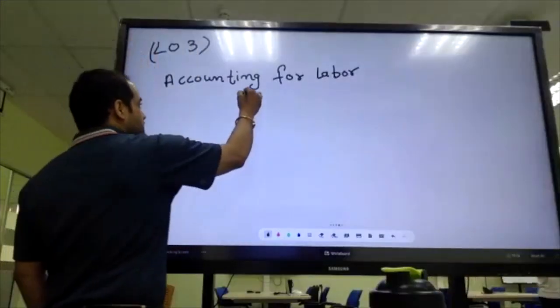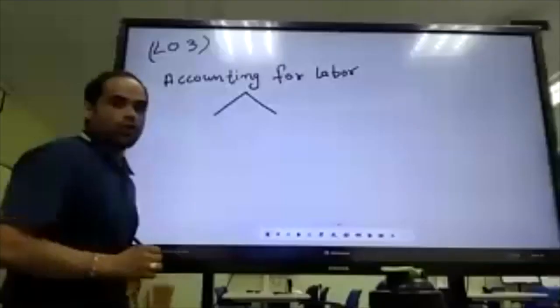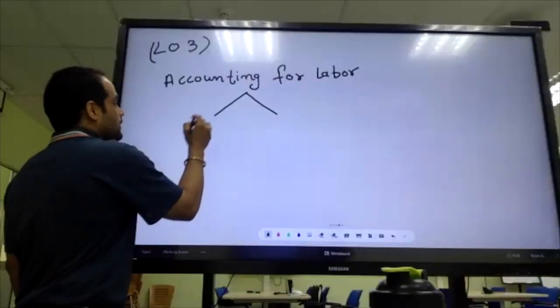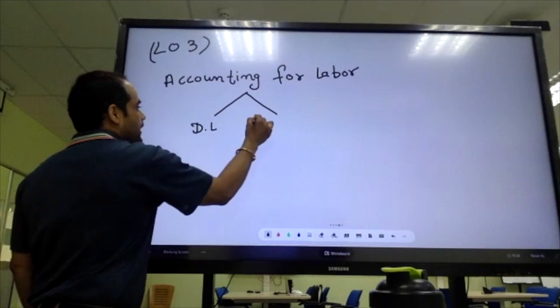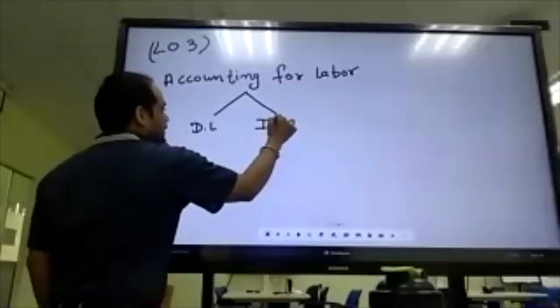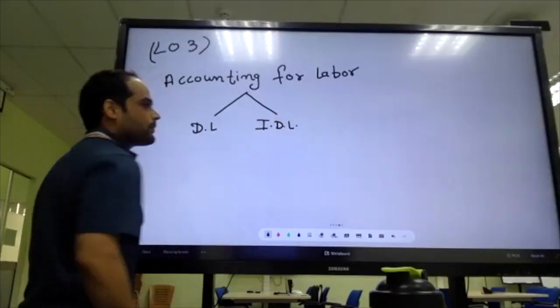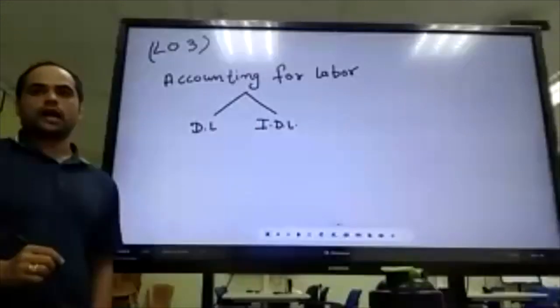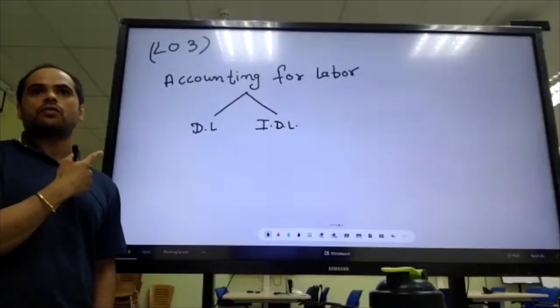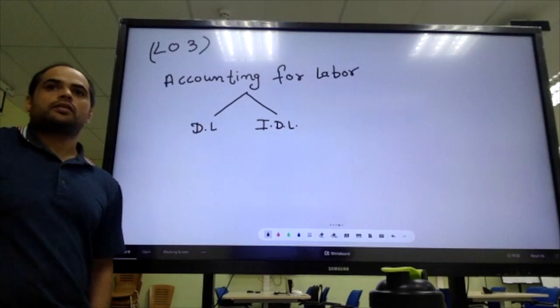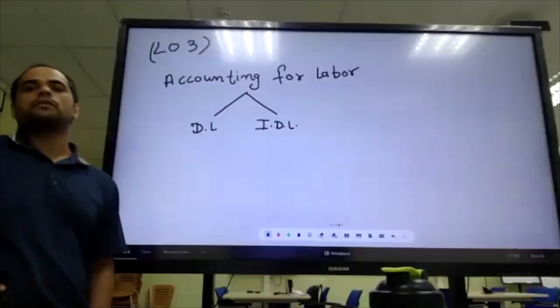In our labor cost, we have two types of cost: direct labor and indirect labor, right? Direct labor, indirect. Can you see that now? Is it clear?